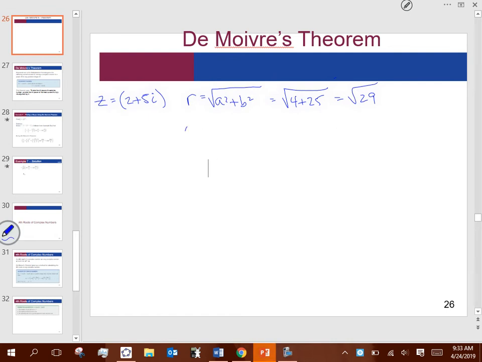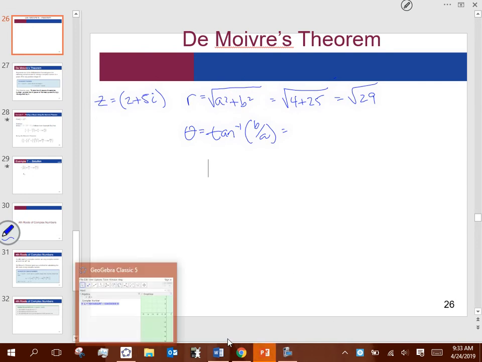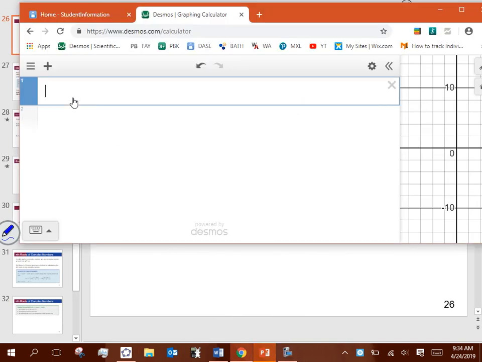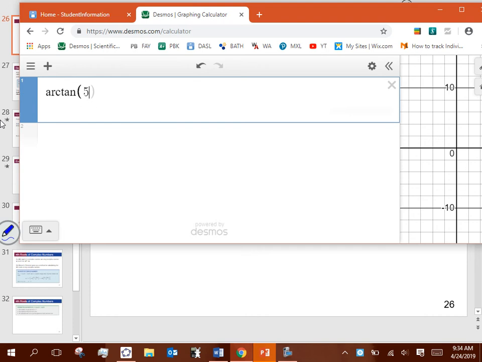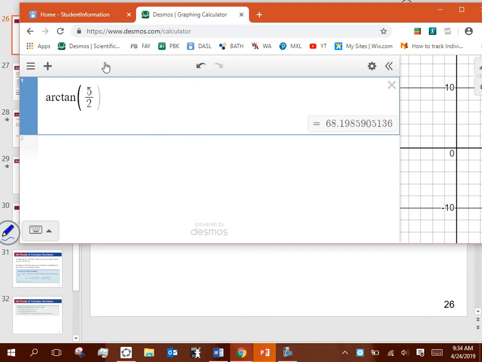Theta now, remember, theta is always found by tangent inverse of b over a. With this one, b and a are both positive, so that means this is in the first quadrant, right? So the theta that my calculator spits back here, if we just grab this in Desmos real quick, arctangent of 5 over 2, 68.198.